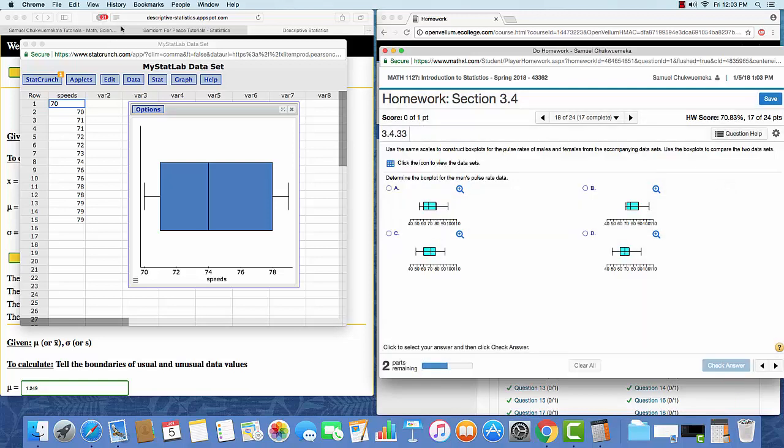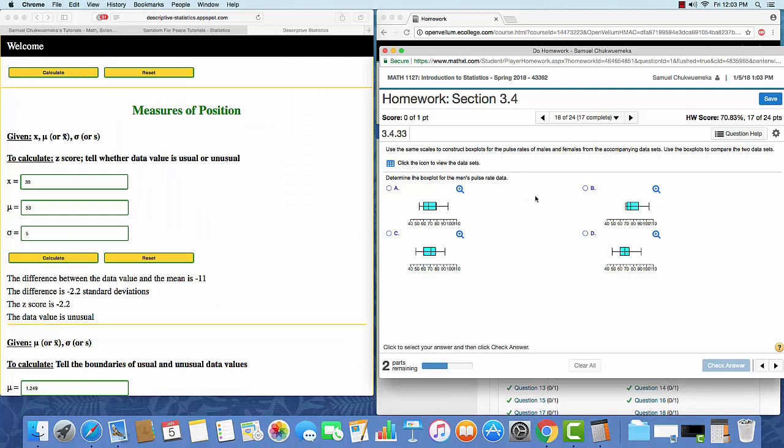Question 18. Use the same scales to construct box plots for the pulse rates of males and females from the accompanying data sets. Use the box plots to compare the two data sets. So let's go ahead and draw the box plot.